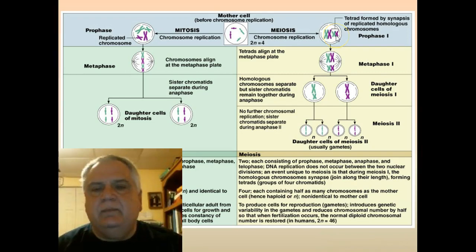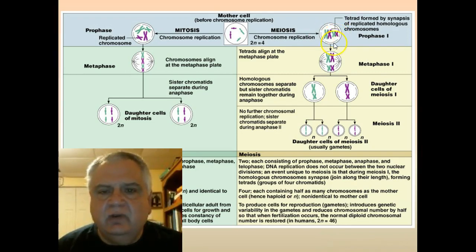But now what's going to happen in meiosis, instead of these chromosomes immediately lining up in the center of the cell, they're going to align next to one another so that these two homologous chromosomes lie next to one another. They contain similar information, and these two homologous chromosomes lie next to one another.